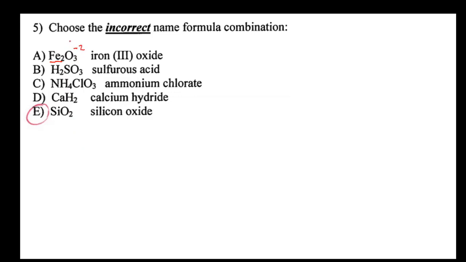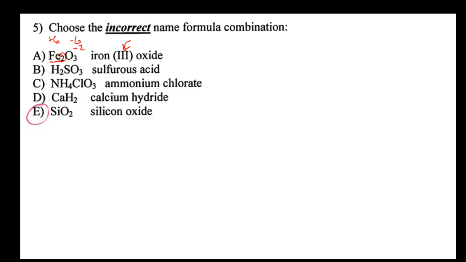So that's going to bring a total charge of -6. In order to balance that out, we need the irons to have an overall charge of +6. So if there are 2 of them, the iron must be +3. So the charge is correct in that case, and since it's oxygen, we just list it as oxide. So that one is correctly named.